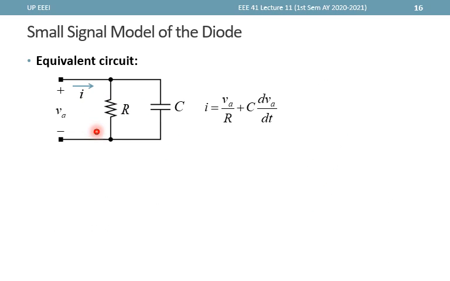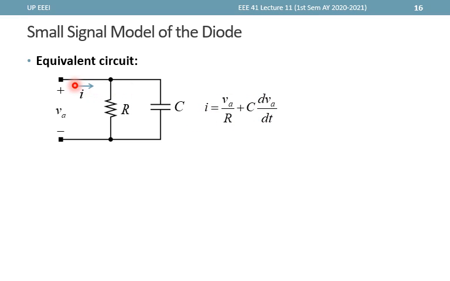So here we represent the diode at small signal as having some small signal resistance, and in addition we'll also discuss that the diode actually has some small signal capacitance. So the small signal current from the small signal voltage is actually related by this equation by KCL.